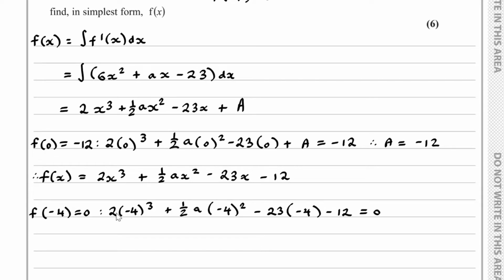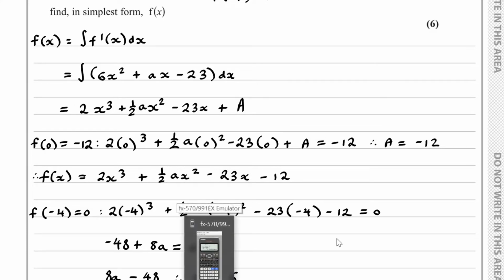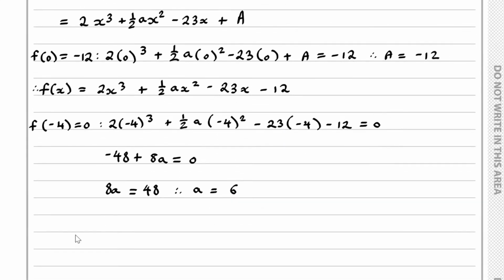So here, if I work this out, gathering everything involving a number, we have minus 48 plus 8a equals 0, 8a is equal to 48, and therefore a is equal to 6. And knowing the value of a, we can therefore conclude f of x is equal to 2x cubed plus 3x squared minus 23x minus 12.